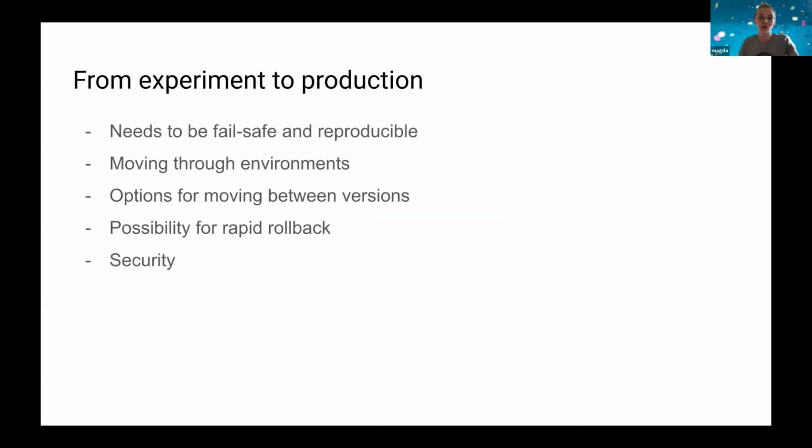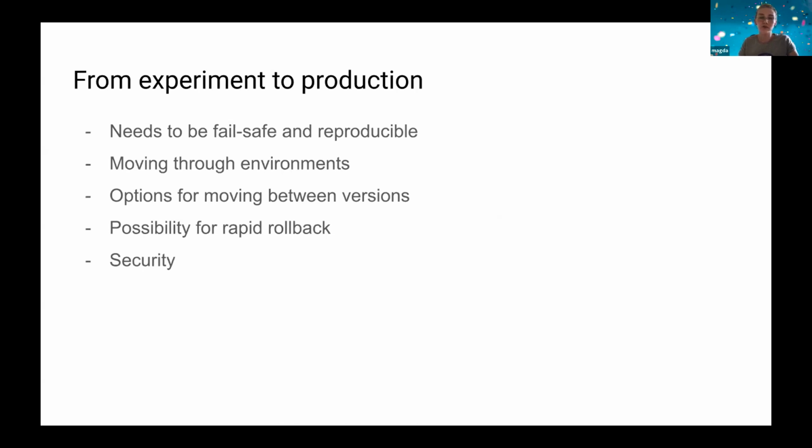So let's start off with DevOps. When you move from the testing phase or from the proof of concept phase into actually having software in production, we all know that the criteria really change. Your code suddenly needs to have all these fail-safe, reproducible properties that aren't necessarily there when you're still in the POC phase.